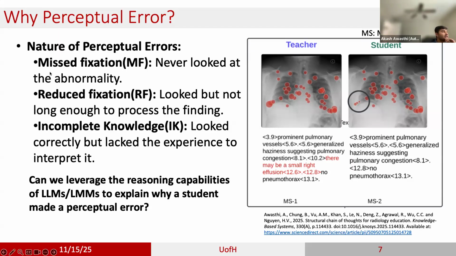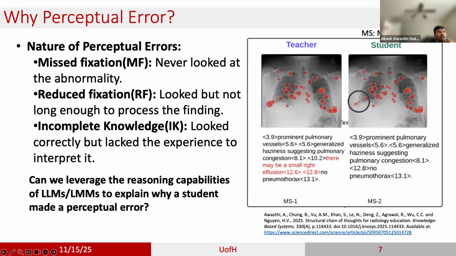They may miss it due to missed fixation, where they have never looked at the abnormality. Or reduced fixation duration, where fixation is the amount of time, and you can see these red dots are fixations, which is basically the eye gaze data. Reduced fixation means they have less attention, they look but not for long enough to process the findings.